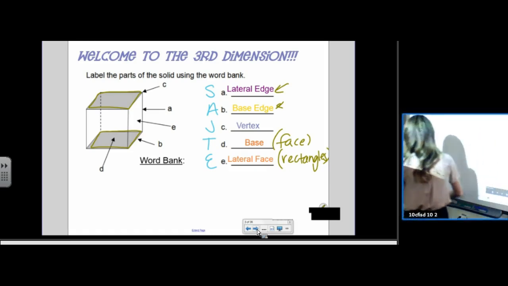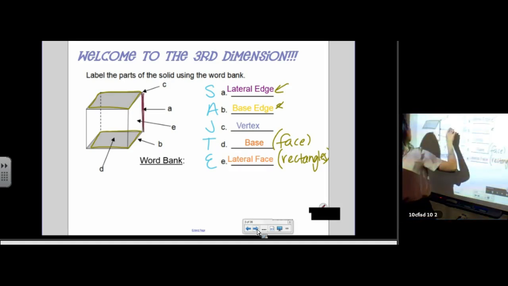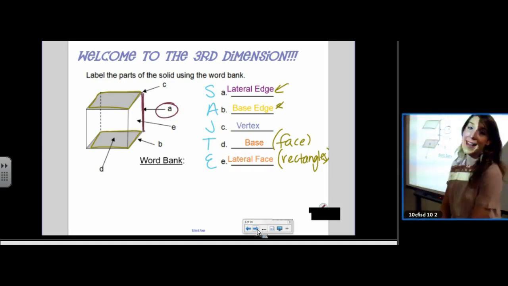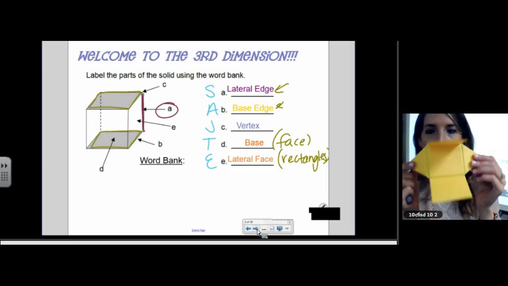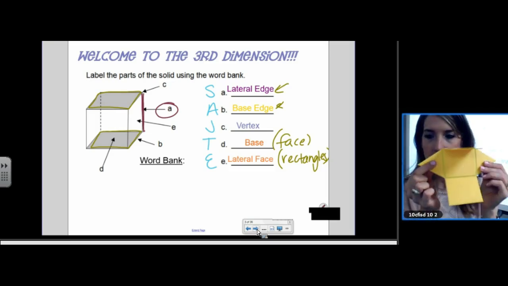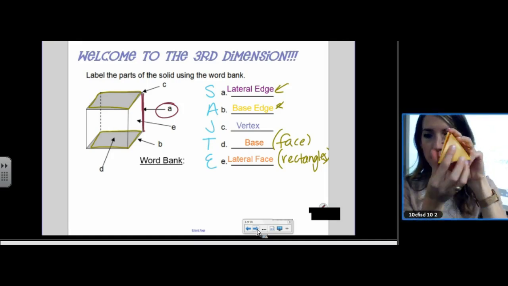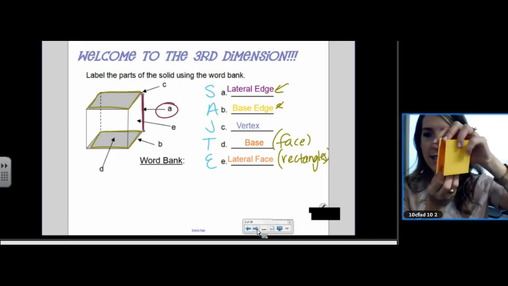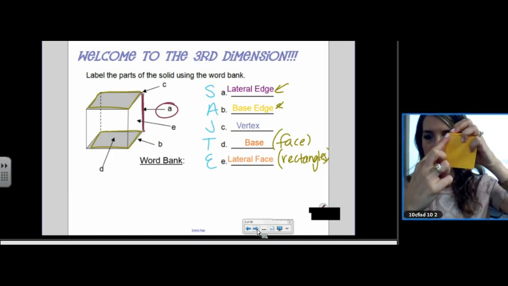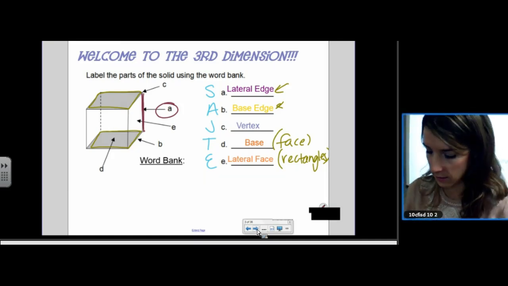So the height of your prism is whatever edge connects the base to the base. So if I fold this back up, here's my bases. How tall are you? Well, it's not this tall. That's not how tall it is. It's this tall. So it's the segment connecting the 2 bases.